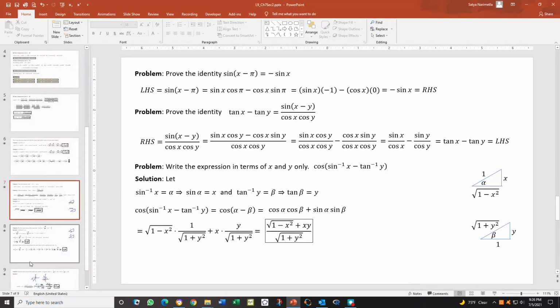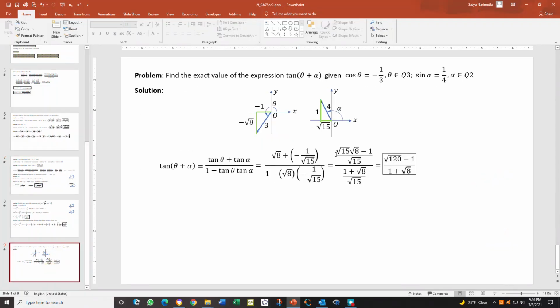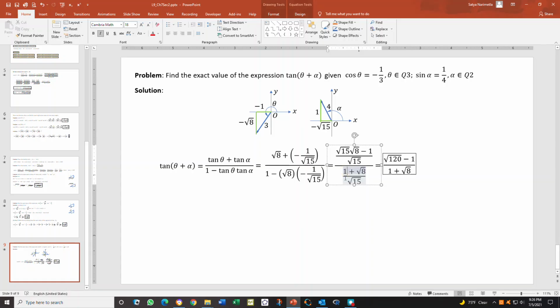Come on. That should be square root of 15. Yep, square root of 15 plus square root of 8.